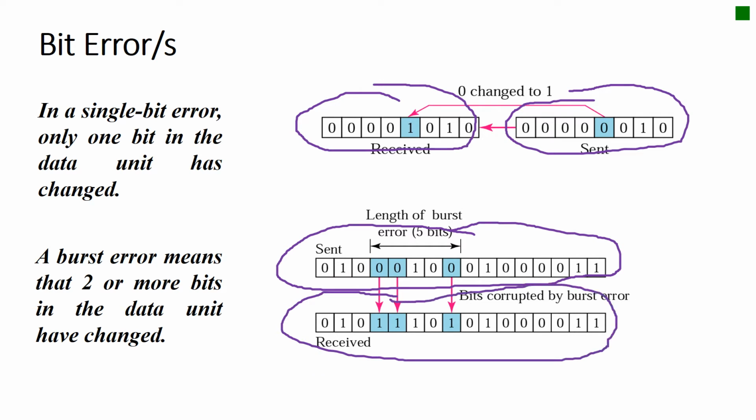Notice that successive zeros, 0, 0, have changed from 0 to 1, and then you also have another 0 that has changed from 0 to 1. So these are considered burst errors already. Again, single bit error is when one bit has changed from 1 to 0 or 0 to 1, and then burst error means multiple bits, successive bits, in error. But they are both significant errors.